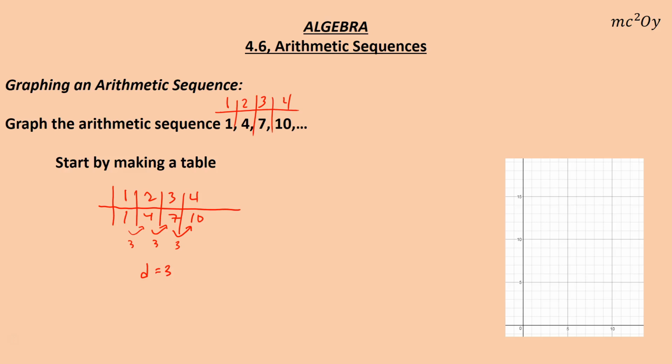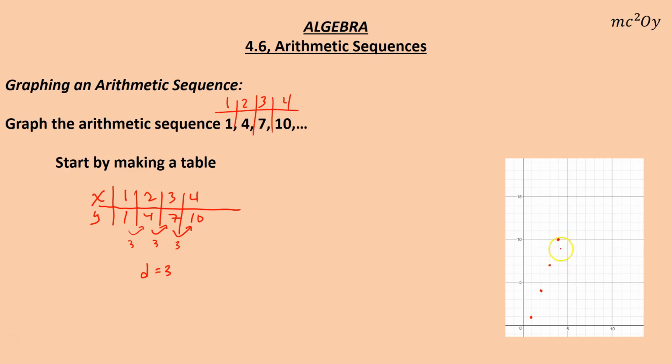So I'm thinking this is X and this is Y. And these two are going to eventually change to different variables, but they mean the same thing as X and Y. So I'm going 1, 1, and 2, 4, 3, 7, and 4, 10.